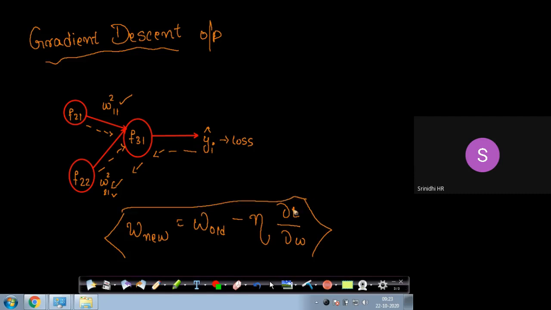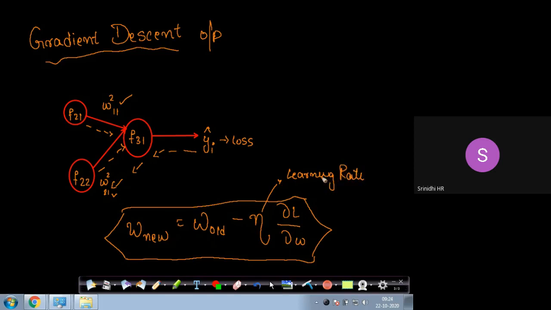This is what your gradient descent rule represents. So w new, my new weight, is the old weight minus eta times dL/dw. What does eta represent? It is your learning rate.